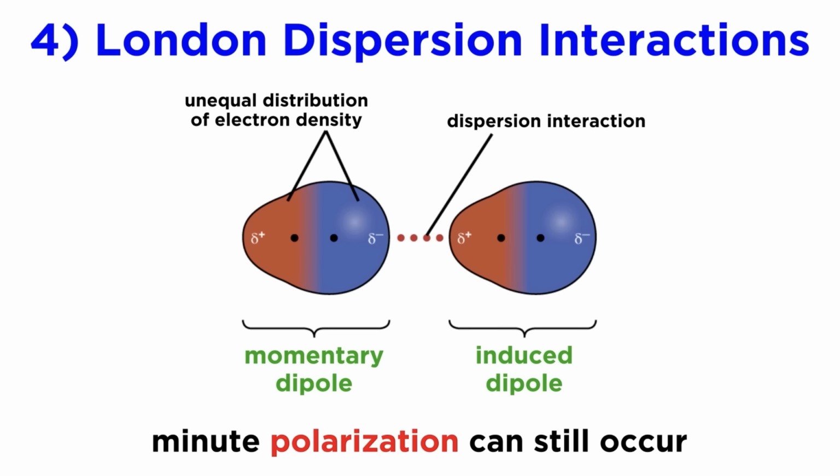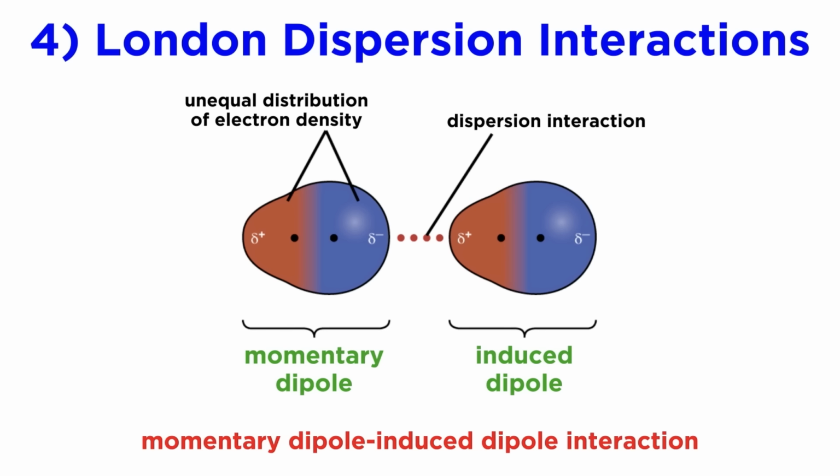If this momentary dipole approaches another helium atom, it can generate an induced dipole, meaning the slight partial negativity repels this electron density over to the other side of the atom, so that it will also have a slight dipole. And then there can be a momentary dipole-induced dipole interaction that is described as a dispersion interaction.